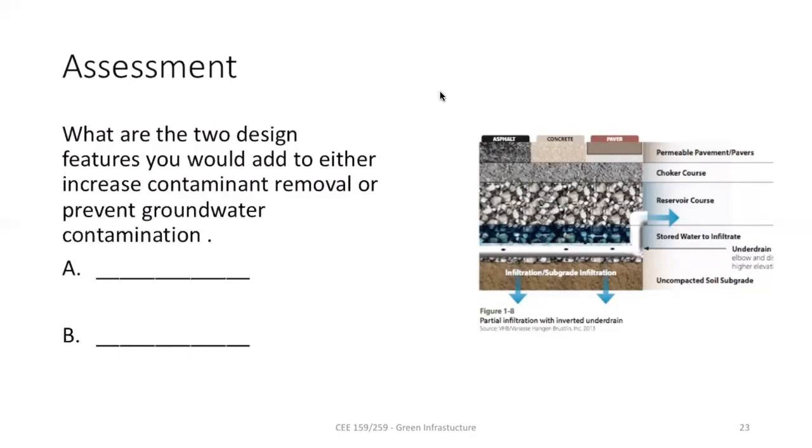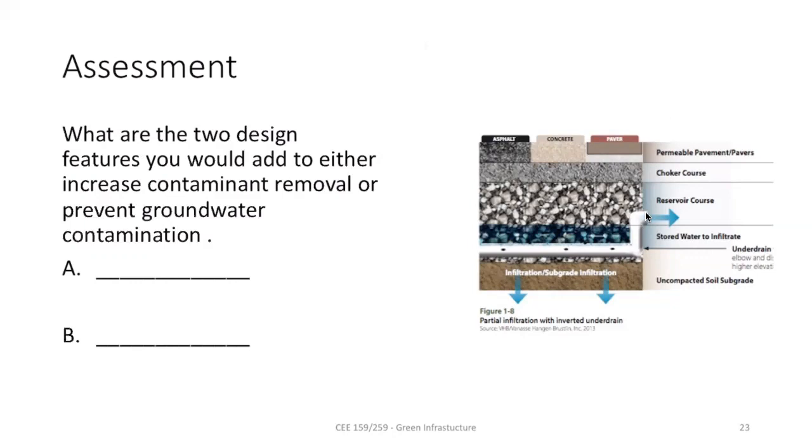What change can you make in this particular picture to increase contaminant removal? In this picture, there is nothing that can remove pollutants. So I think you have to write something. You can write on the chat window.